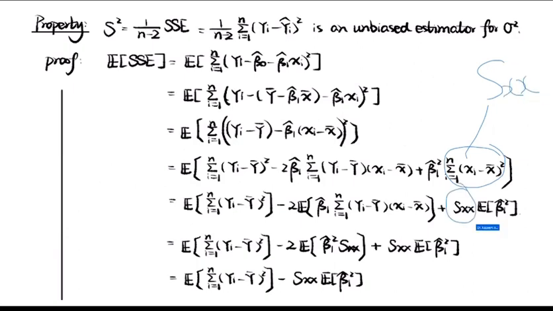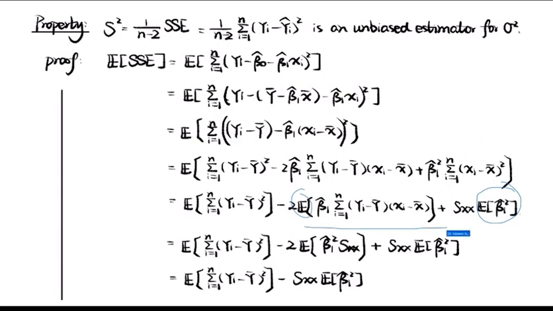Then expectation of this guy. Take a look at that. Why is the expectation attracting beta 1? Because beta 1 cap is a random variable. Now you can see the expectation here. Expectation attracts all of these because anything y is a random variable, anything beta 1 is a random variable, the same thing here.